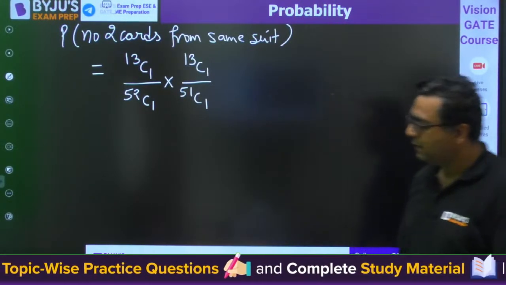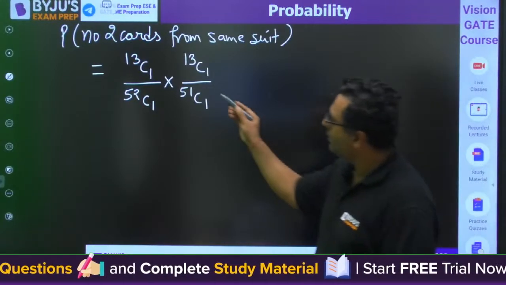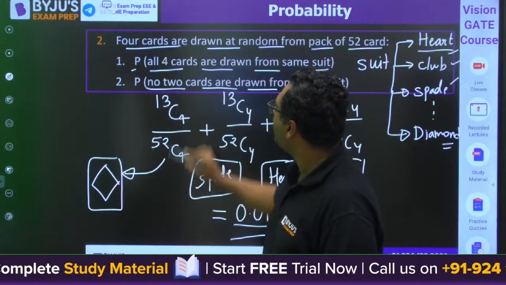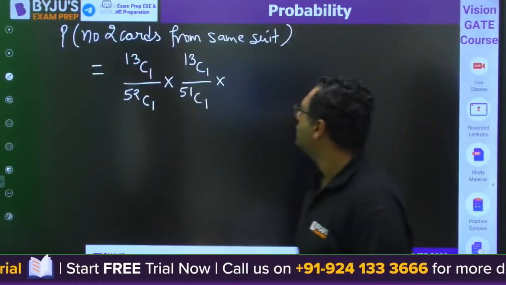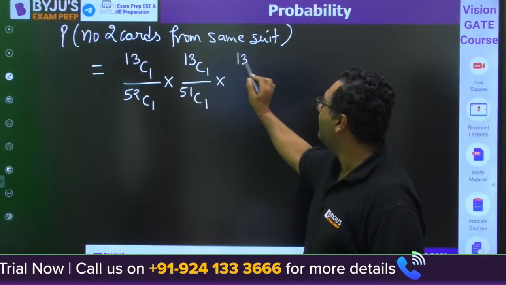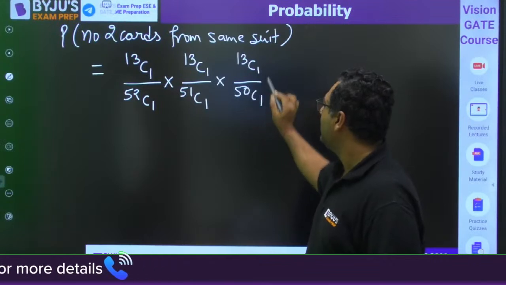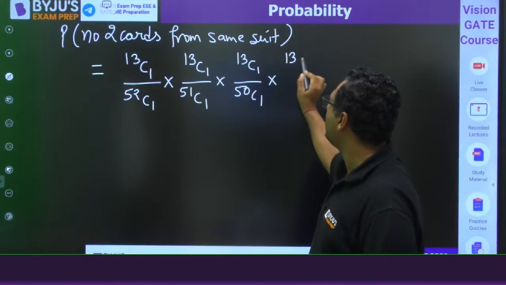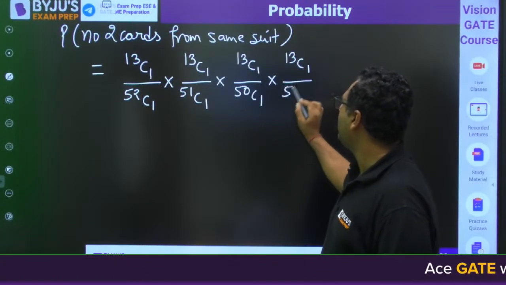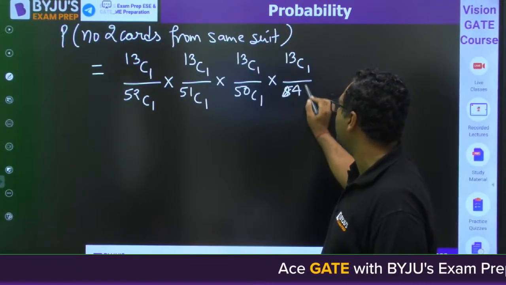And then you are taking 4 cards out. So third card should be from the third set of 13, by 50C1. And fourth card from the next one, by 49C1.